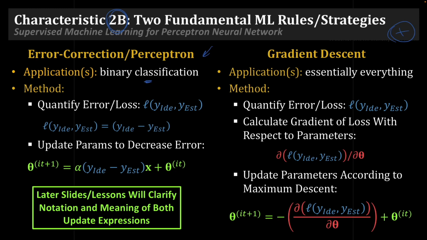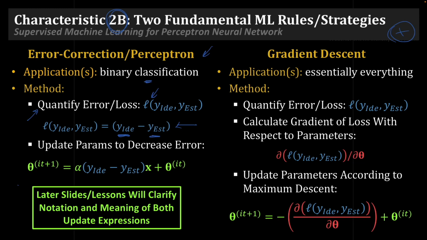We can quickly summarize the method. The first thing that we need to do is quantify the error or the loss, right? We need to use a loss function. And generally, we just quantify that as the difference between the ideal and the estimated solution. So the ideal solution should be provided by the training data. This is the label that we've talked about before. And the estimated solution should be calculated, generated by the model using the appropriate parameters.